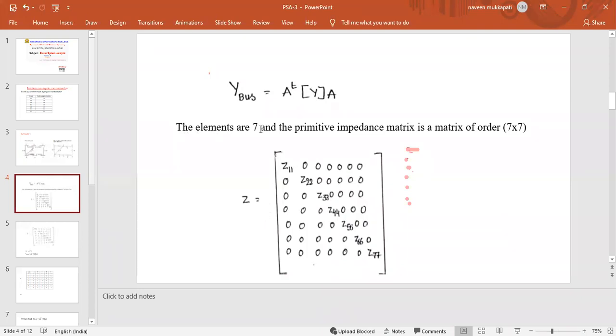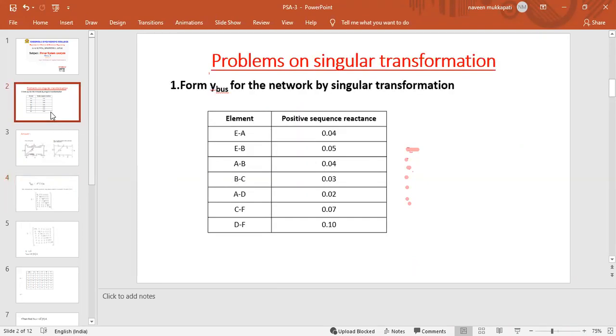We have 7 elements. Therefore, this Y is called the primitive admittance matrix. These are all the impedance values.